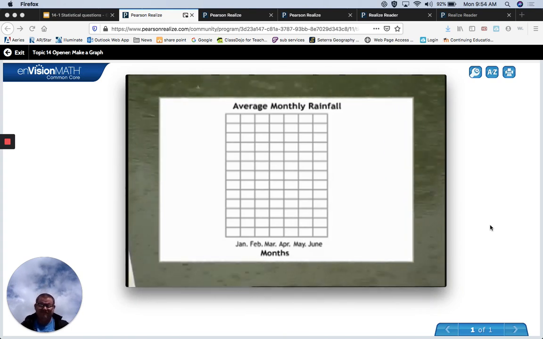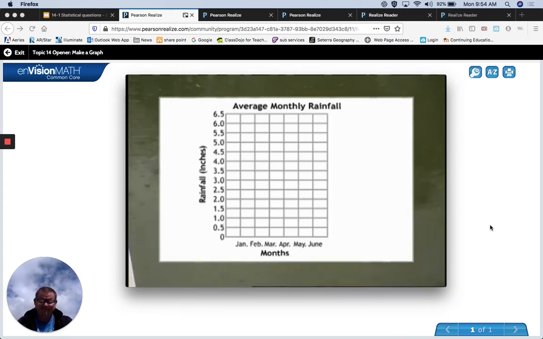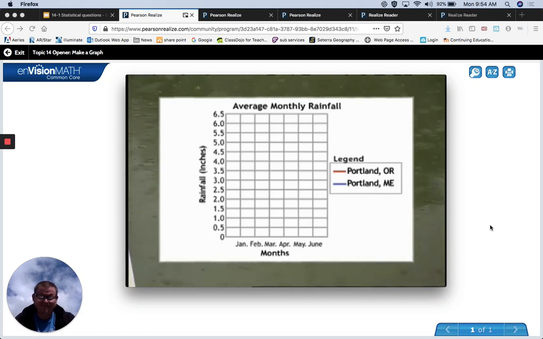On the left, the label is rainfall, inches, and we list the inches from 0 to 6.5 up the y-axis using an increment in which each box represents 5/10, or 1/2 of an inch. The legend is next. The legend is the key to what things mean on the graph. The red line represents rainfall in Portland, Oregon, and a blue line represents rainfall in Portland, Maine.